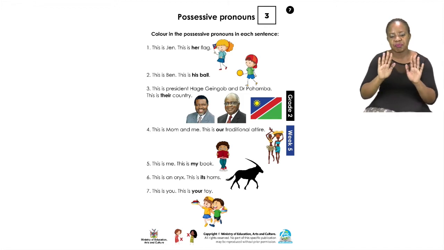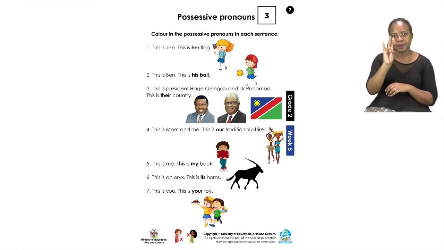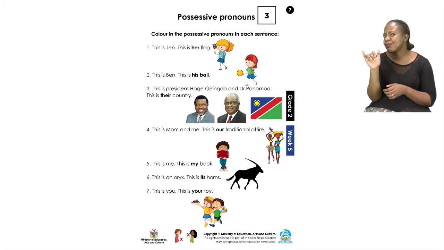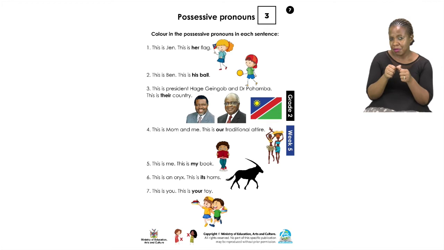Let's take a look at number 7. Number 7 says, this is you. This is your toy. So, which one is our possessive pronoun? Remember, a possessive pronoun shows ownership or what belongs to whom.